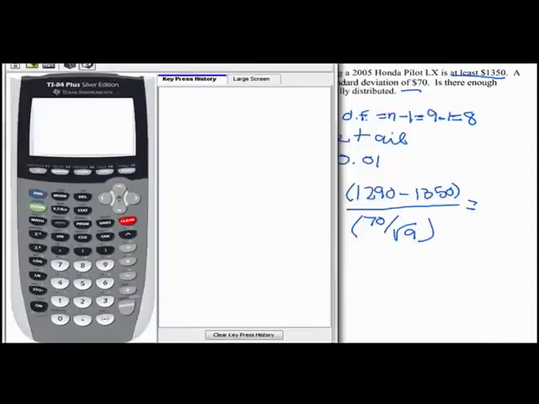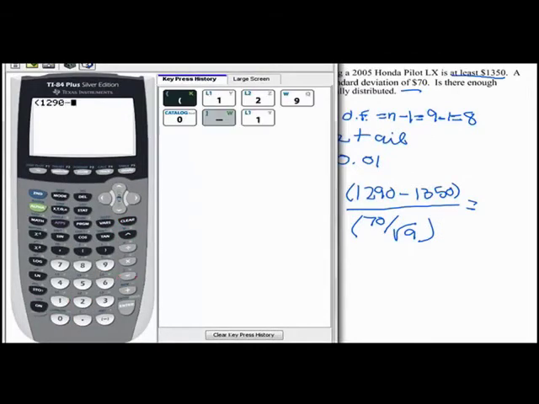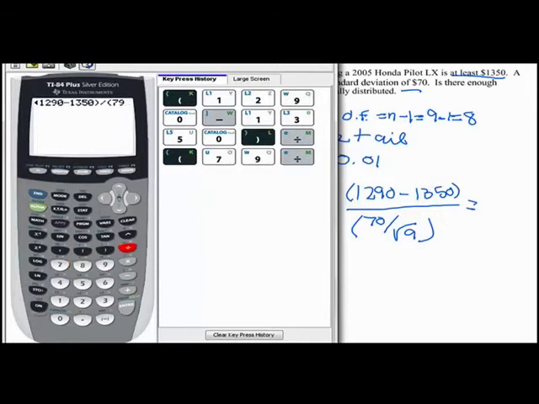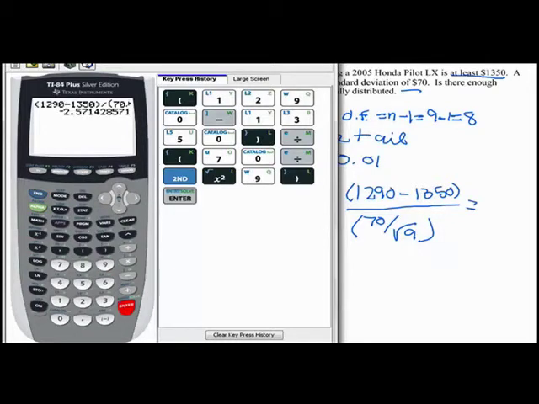We're going to do parentheses 1290 minus the 1350, close parentheses, and then divided by, and I'm going to do the parentheses again. I don't know if it's necessary, but I'm just going to do it anyway, and the square root of 9. And that'll give us negative 2.571.